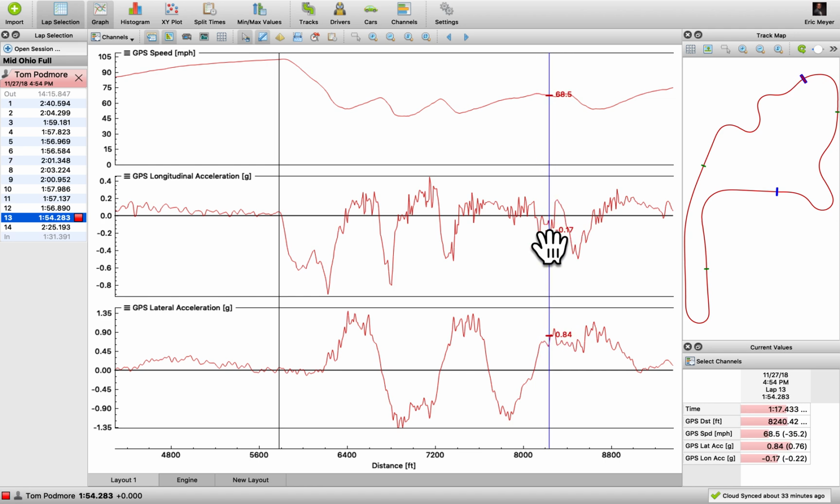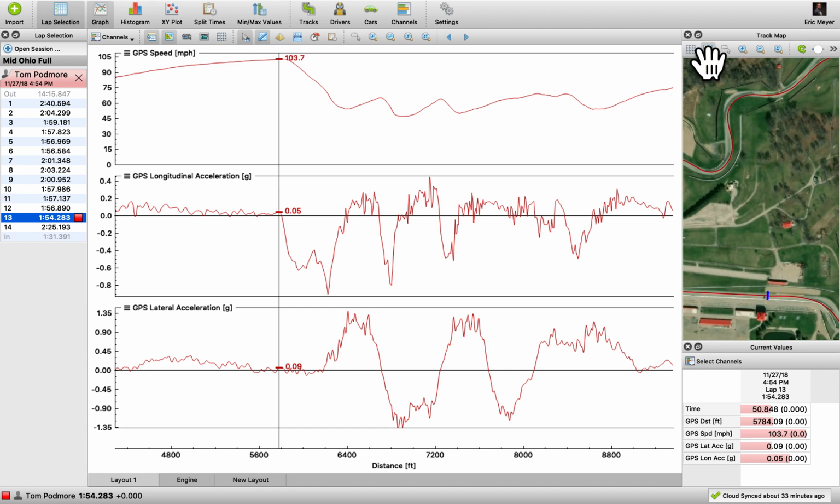And if we think about this and go, what's going on right here? I'll suggest to you that with a little bit of knowledge that I have about Mid-Ohio, it's probably because of the line. He's probably just rocking in through here, and we're going to confirm that.